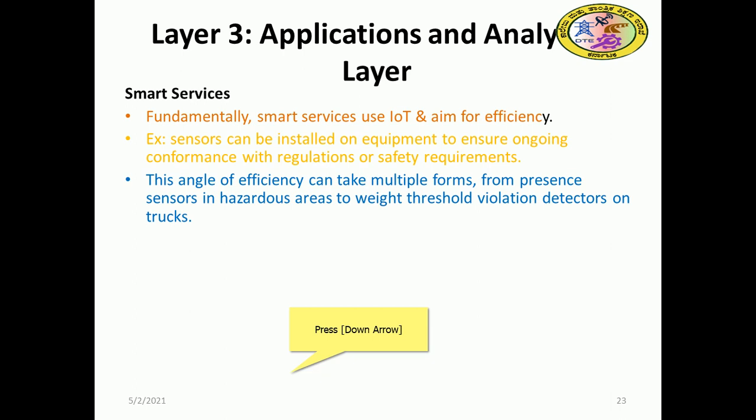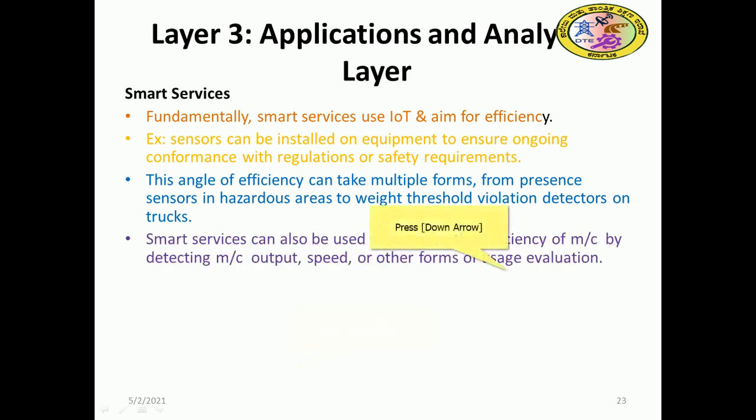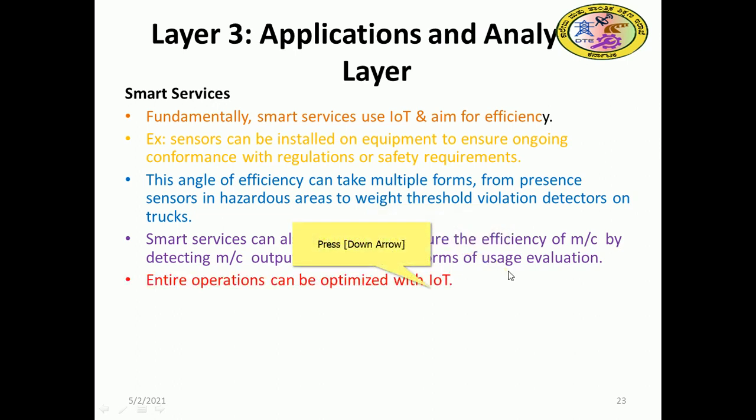Efficiency can take multiple forms, from presence of a sensor in a hazardous area to weight threshold violation detection on trucks. Smart services also measure the efficiency of the machine by detecting the machine output, speed and other forms of usage evaluation. So the entire operation can be optimized with IoT.